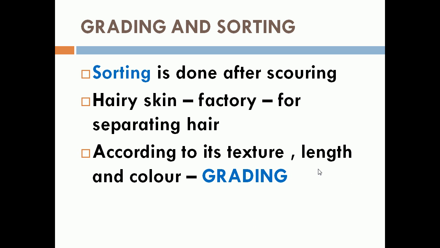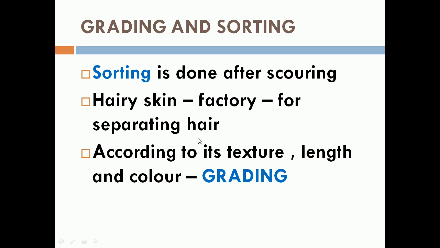This process of sorting the wool according to its texture, length and color is called grading. After scoring, that means after washing the fleece of the sheep along with its hair, it is sent to the factory for separating the hair.